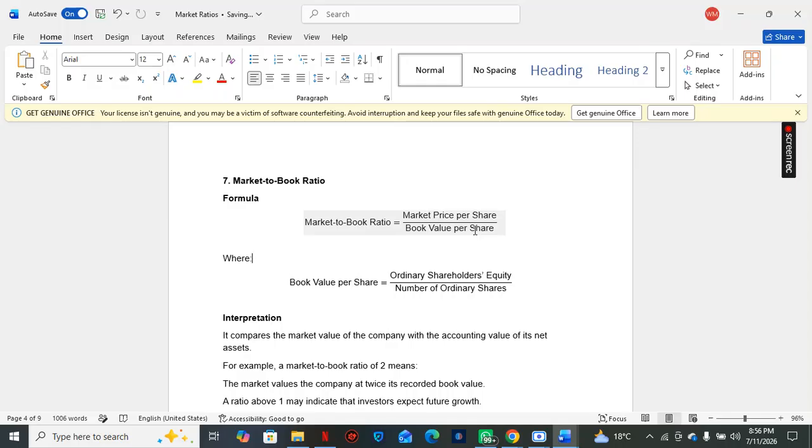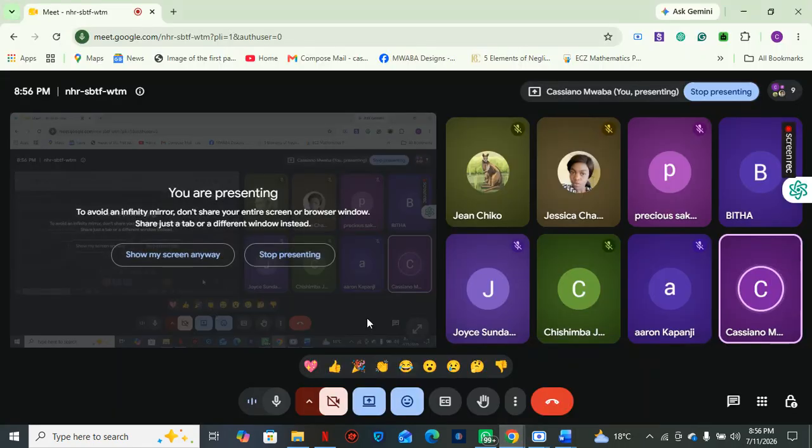But if it's less than 1, then it means the historical value is higher than the current value. That can be a bad signal. Because usually as a company, you wouldn't want the market price of the shares to be lower than what they were originally issued for.